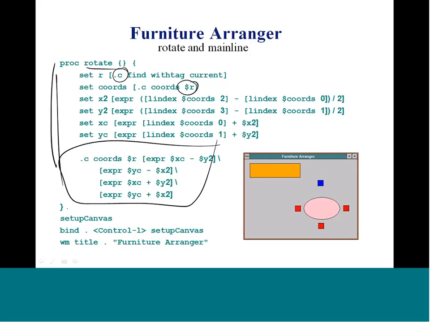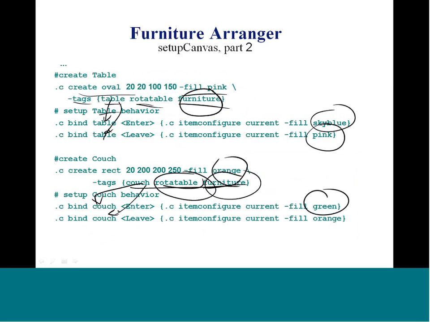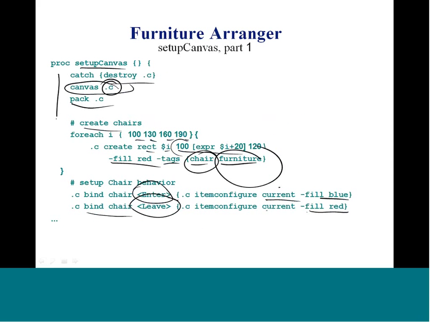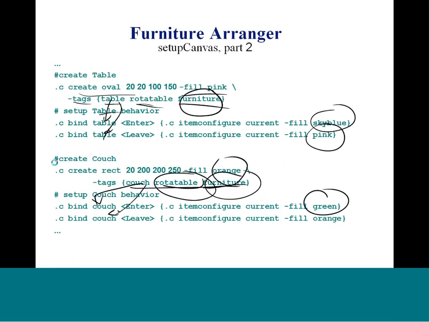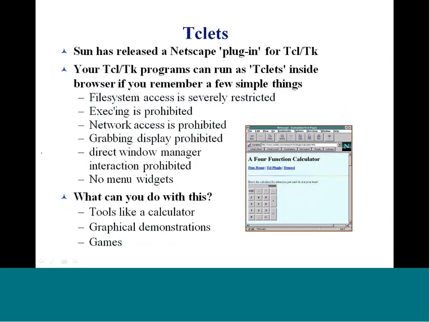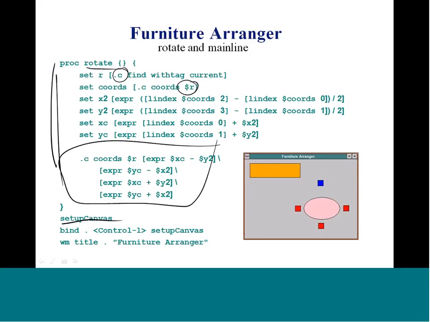Now that we define all the procedures, we can now set up the canvas, basically using setup canvas, which is already defined as a procedure here, which is what creates that canvas. And then we bind the top level window to control L, and then that sets up the canvas.